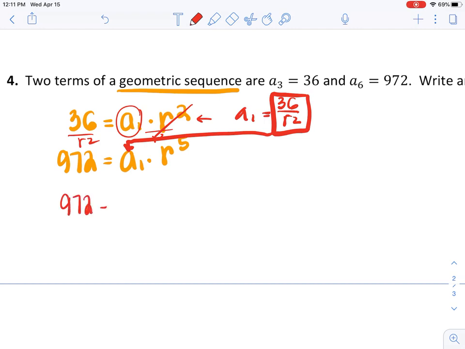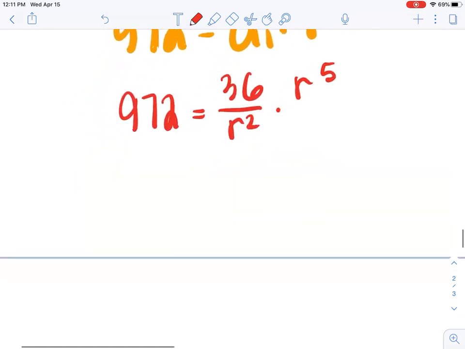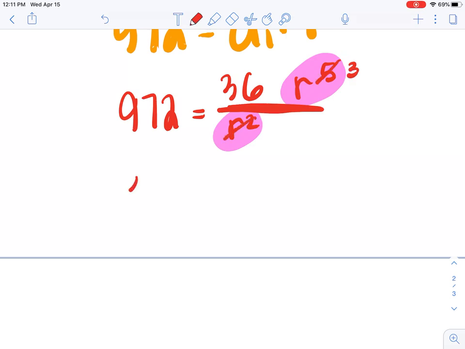So now I have 972 is equal to 36 over r squared times r to the 5th. Remember, this is multiplication, so this is like one big fraction. Now you're going to simplify this. r to the 5th over r squared. Get rid of the 2s. So now you have 972 equals 36 r cubed.